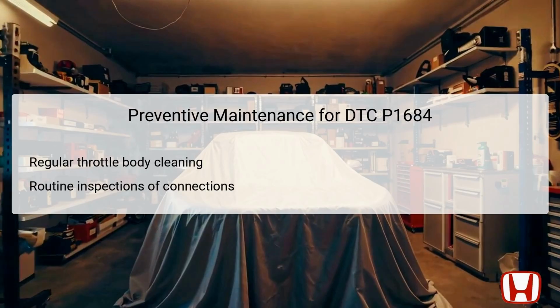Additionally, incorporating routine inspections of electrical connections linked to the throttle body and ECM/PCM can uncover potential issues before they escalate into more significant problems. Ensuring that all connections remain clean and secure allows for dependable communication within the systems, effectively mitigating the risks of recurring DTCs associated with throttle performance. Advocating for these preventive measures contributes to long-term vehicle reliability and the smooth operation of the throttle system.